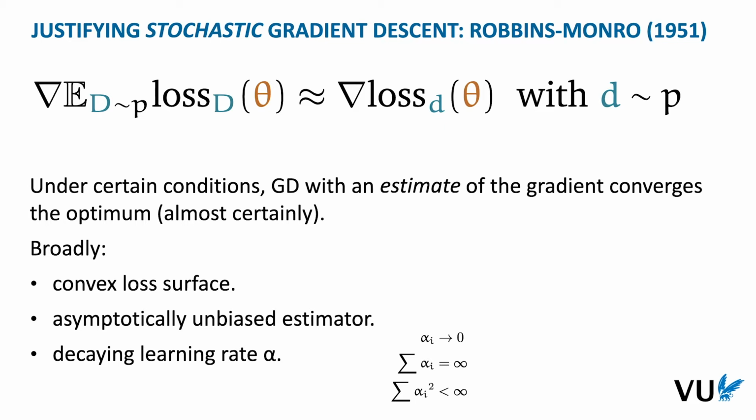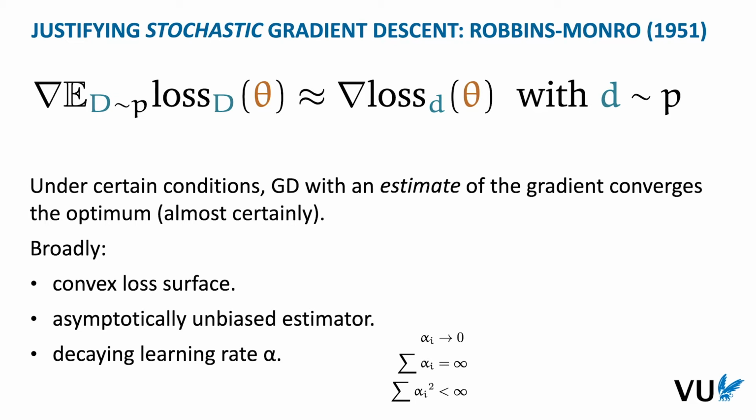Now these conditions are quite strict. It needs to be a convex loss surface, which of course is never true in deep learning, but we can think of deep learning as containing locally convex loss surfaces. So if we're within a neighborhood wherein the loss surface behaves convex, then within that neighborhood we will find the optimum. The estimator needs to be asymptotically unbiased, so we need to be able to make the bias as small as possible.